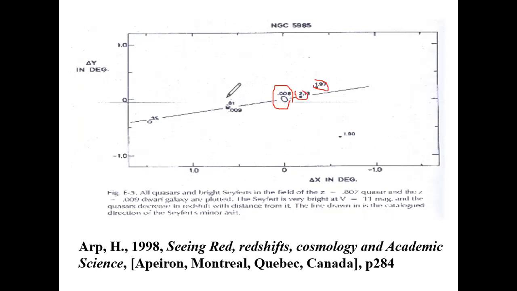And here is a QSO near another galaxy, or at least close in line of sight. And you'll notice, like Arp does, that the redshift of these QSOs starts high, 0.81, and declines as it goes away from the center galaxy.